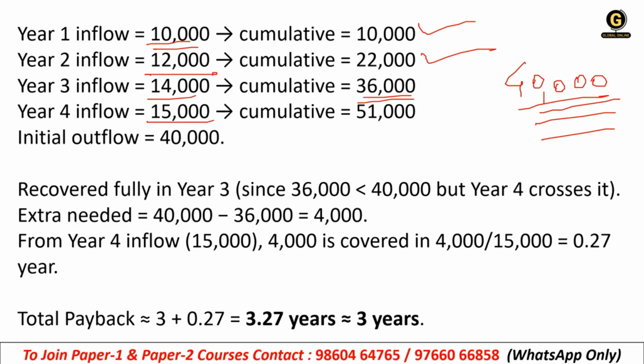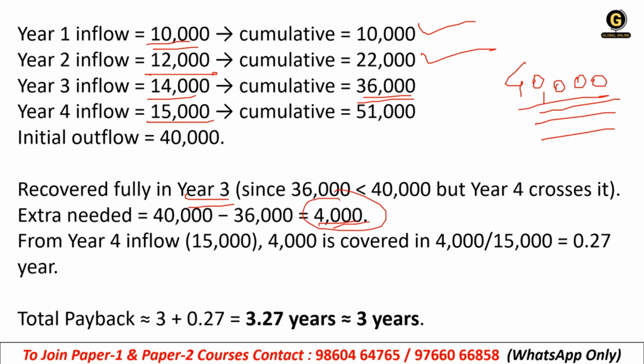But in the third year, it is 36,000 only. That means how much do we need extra? We need 4,000 extra. It should be recovered in 3 years, so 36,000 was inflow and we needed 40,000 for the investment. So 40,000 minus 36,000, we need 4,000 extra.